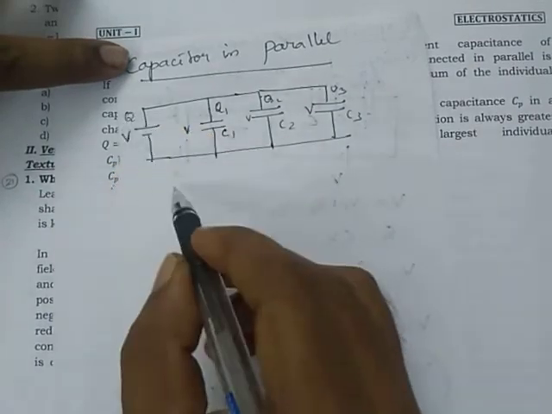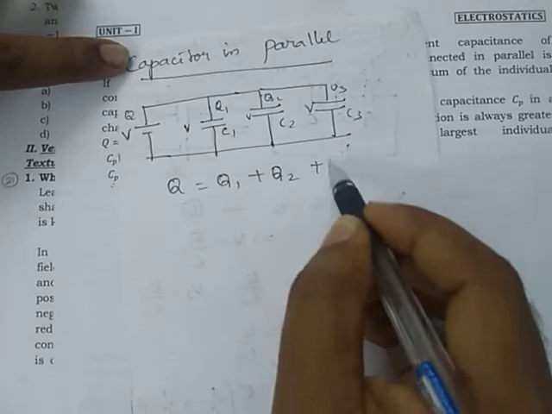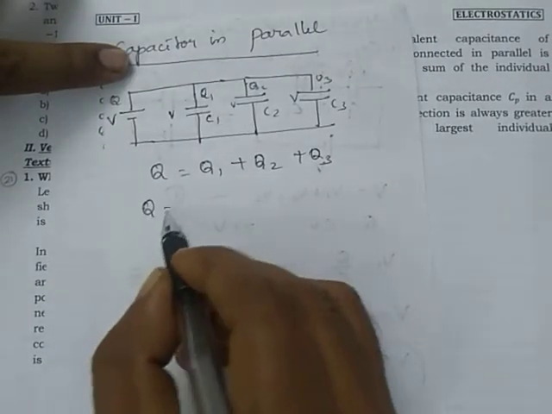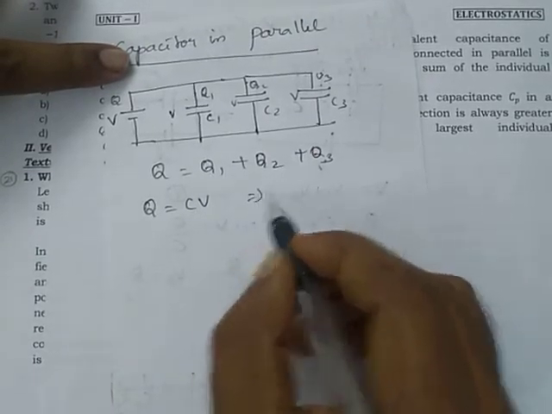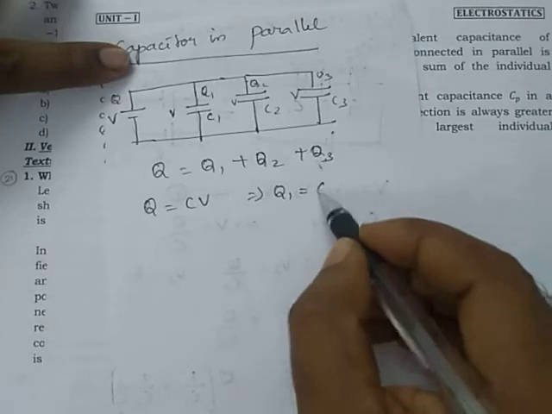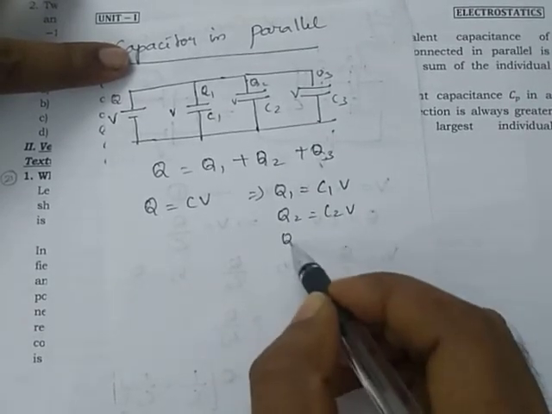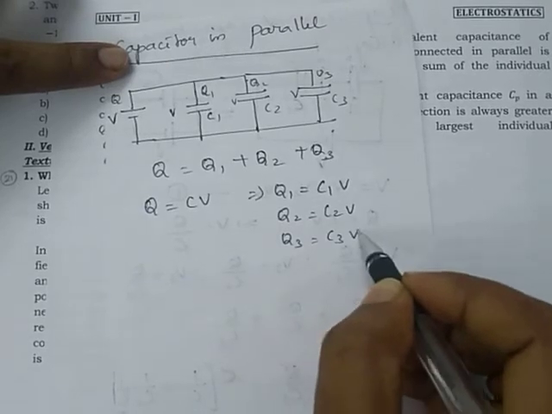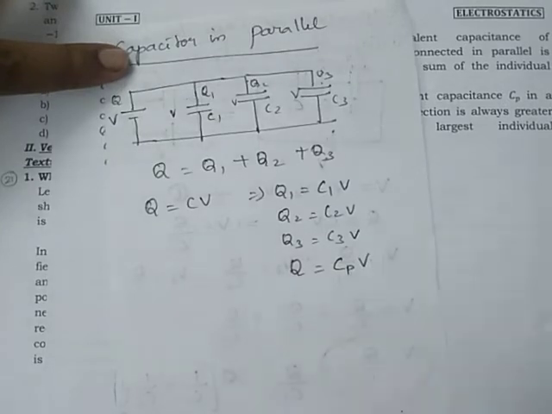The applied charge is Q, so Q = Q1 + Q2 + Q3. We know Q = CV. For Q1 we can write Q1 = C1V, Q2 = C2V, Q3 = C3V. We already know Q = CpV.